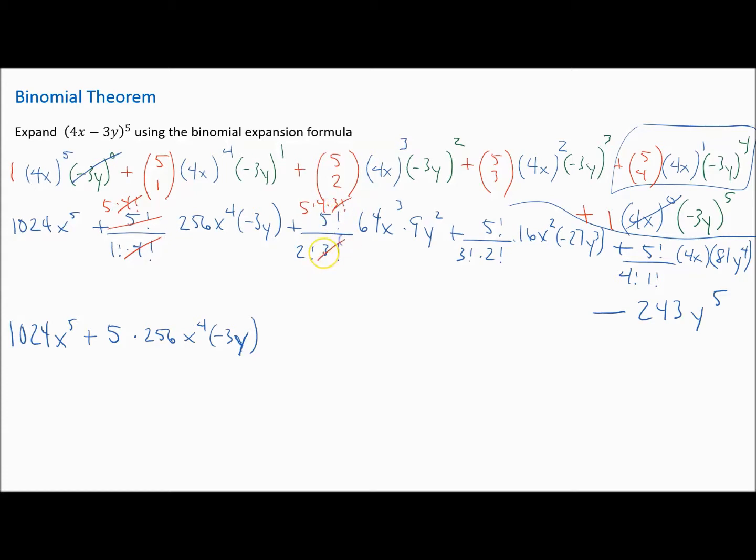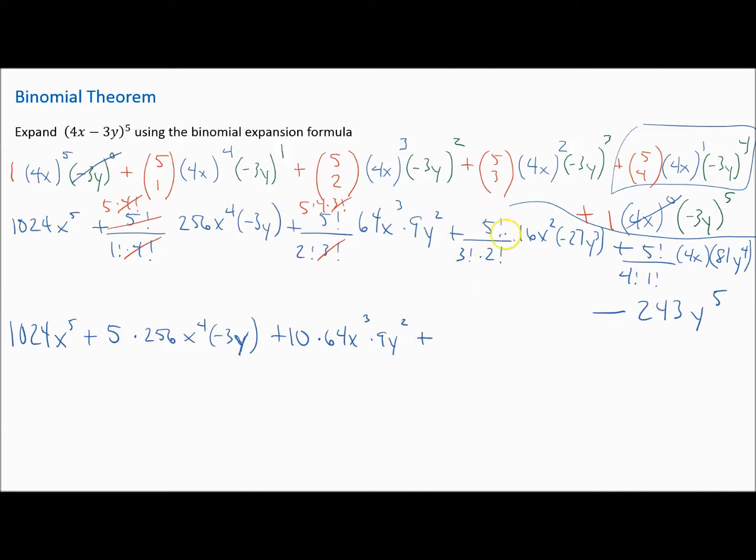The 3 factorials cancel. So 5 times 4 is 20 divided by 2 is 10. So that binomial coefficient is 10. So plus 10 times 64x to the 3rd times 9y squared.